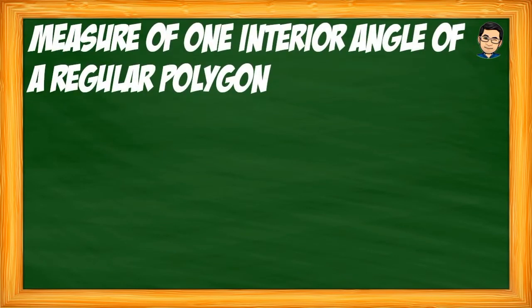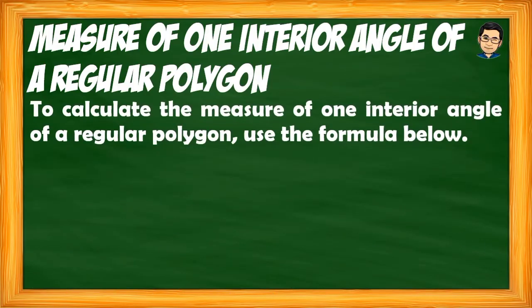So what about if we are trying to solve for the measure of one interior angle of a regular polygon? Okay. So, ang formula po na ipapakita ko is applicable lang po siya sa mga regular polygons. So again, kapag regular polygons, all sides are equal in length and then all angles are equal in measure. So to calculate the measure of one interior angle of a regular polygon, use the formula below.